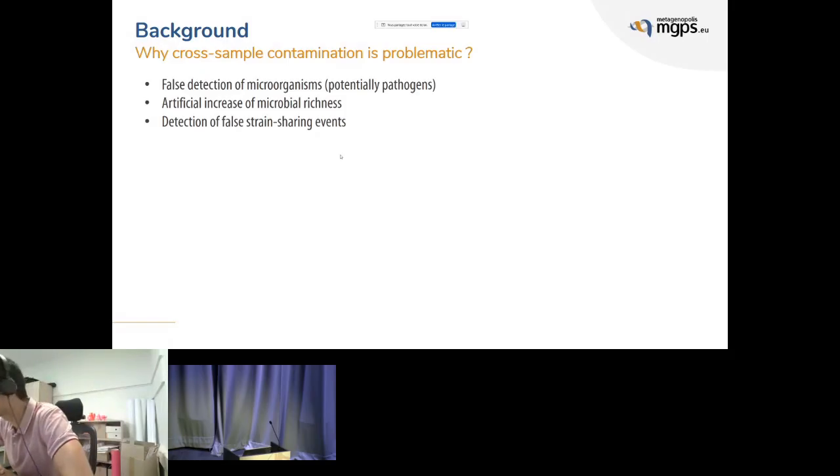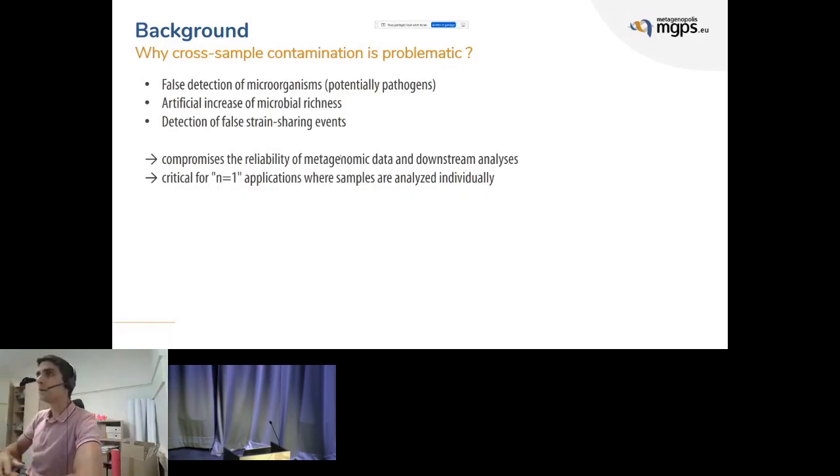And when you perform a strain sharing analysis, you can detect samples that share strains, but that actually do not. So it compromises all your analyses and eventually the conclusions you get. And it's particularly critical in a clinical context when you analyze each sample individually.